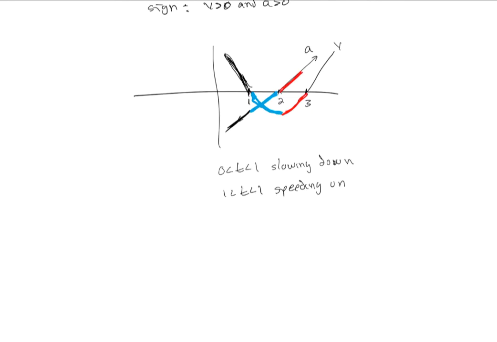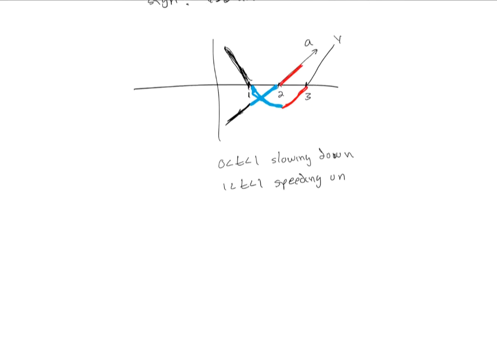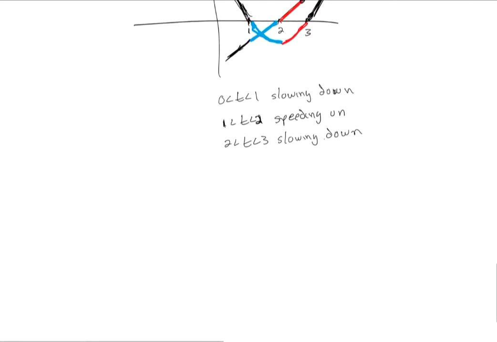So because they have a different sign, and I had a little typo here, that was from 1 to 2. So from 2 to 3, we're slowing down again. Velocity and acceleration have opposite sign. And then finally, I'm going to go back to a black color. From 3 to infinity, acceleration and velocity are both positive. They have the same sign, and then we are speeding up.